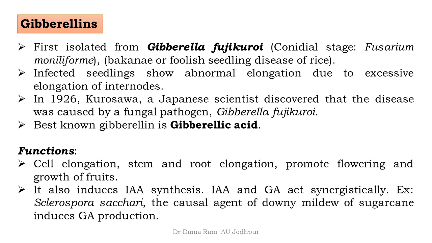In Japan, the growth pattern became known as Bakanae, the foolish seedling disease of rice. In 1926, Japanese scientist Kurosawa discovered that the disease was caused by a fungal pathogen, Gibberella fujikuroi. By 1930, Japanese scientists had determined that the fungus produced hyper-elongation of rice stem by screening a chemical which was given the name gibberellin.